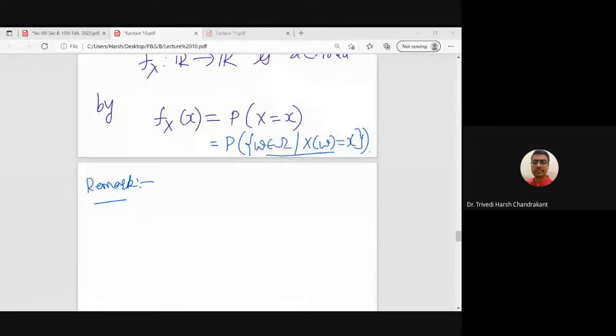That will be the null set, right? Because there cannot be any point which maps to that point. So therefore it is not in the range.